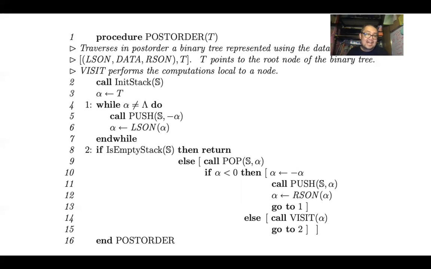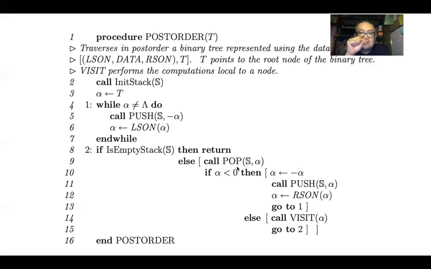So in order for us to implement that, what we will be doing is when we push the node to our stack for the first time, we push the negative value of the pointer. Why? Because the negative here will tell us that this is the first time that we are pushing that node. So when we pop the node and we encounter a negative pointer, that means this is just the first time.